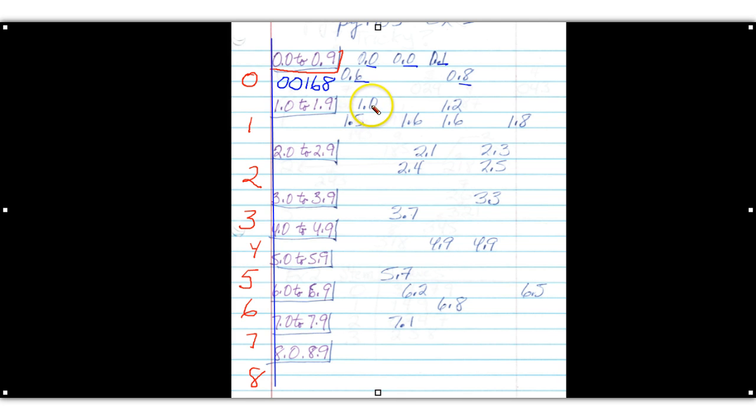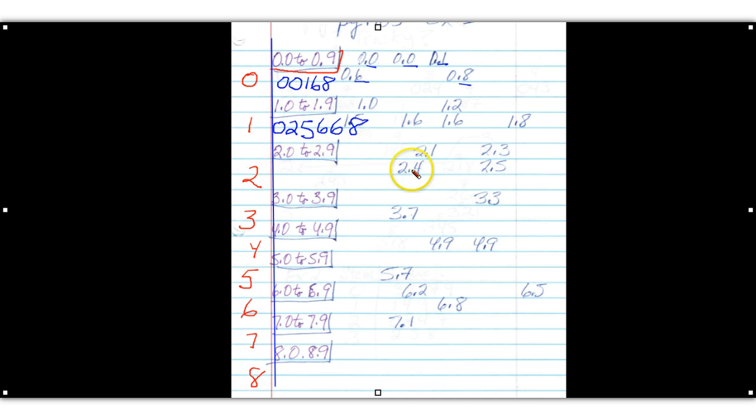So my leaves will be a 0, 2, 5, 6, 6, 8. And so on and so forth. So this is a way, it's a little bit tedious, but to organize your data, you might be able to pick it out of the chart.